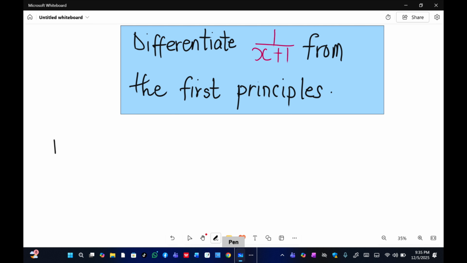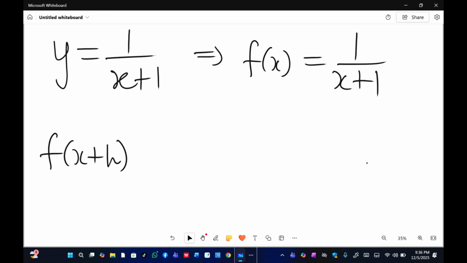Alright, so let us find our f of x plus h. If you have f of x to be 1 divided by x plus 1, it means for f of x plus h, you are going to replace x with x plus h. So this will give us 1 divided by, wherever you see x, you put x plus h over there.